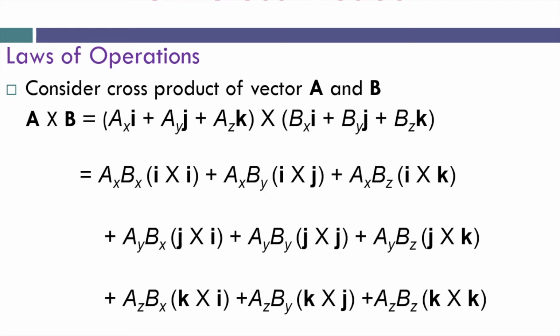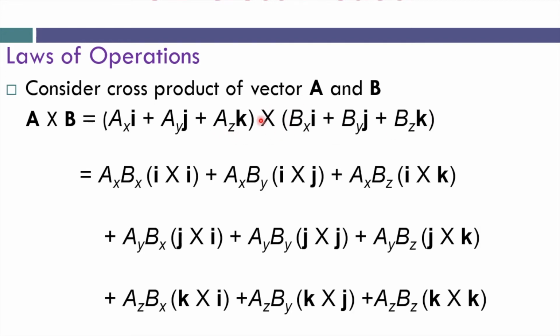Okay, here is the multiplication of a times b, in the i and j components. So a_x i, a_y j, a_z k are the a components in ijk terms, and then the b components in ijk terms.